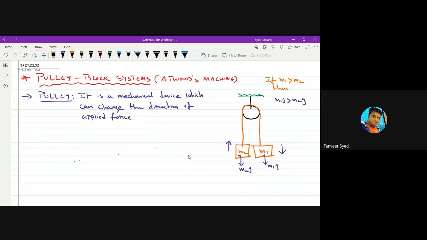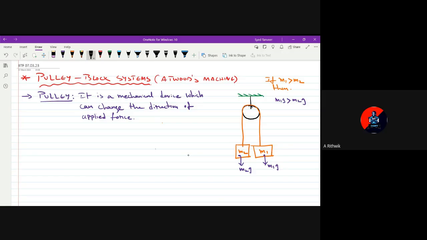That means M1 will go down. If M1 goes down, that means it is moving. We should understand how it will move, with constant velocity or with acceleration.